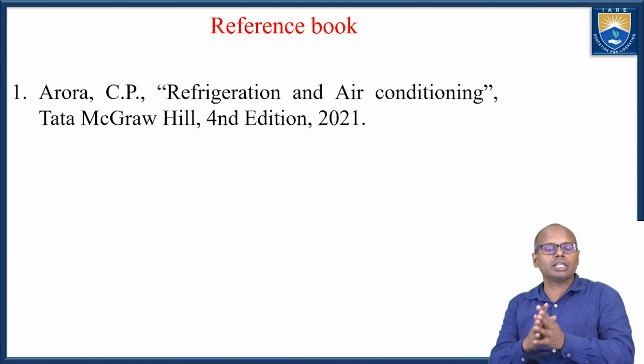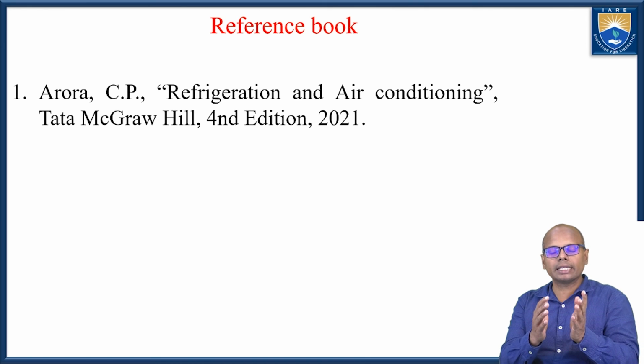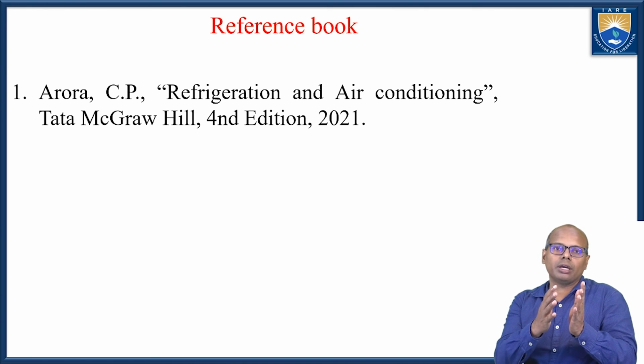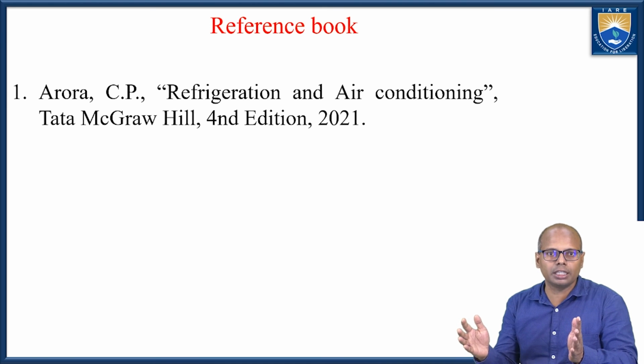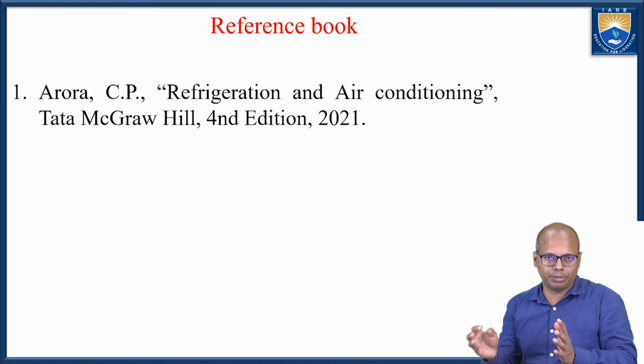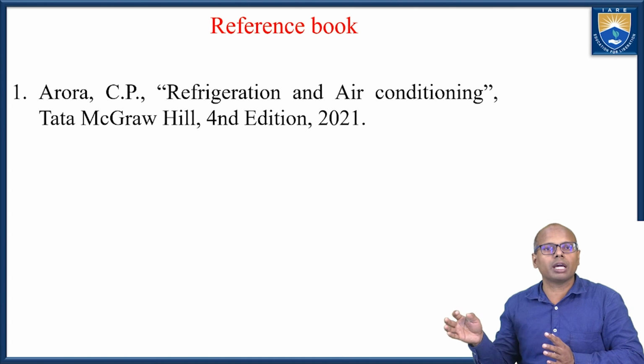So that is one deviation of the actual vapor compression cycle from the ideal vapor compression cycle. The other one is that we are increasing the enthalpy of the refrigerant in the evaporator so that it reaches the saturated vapor point.